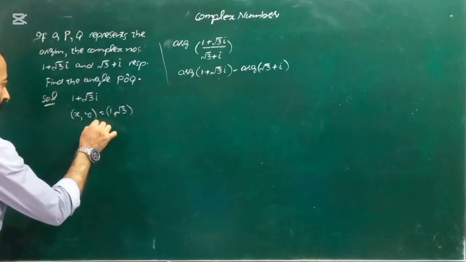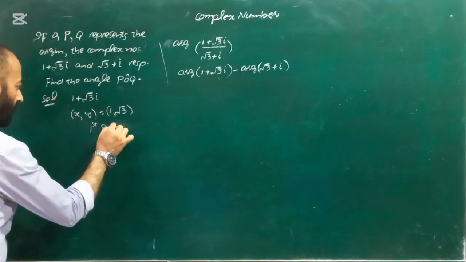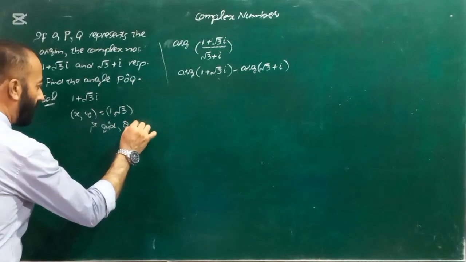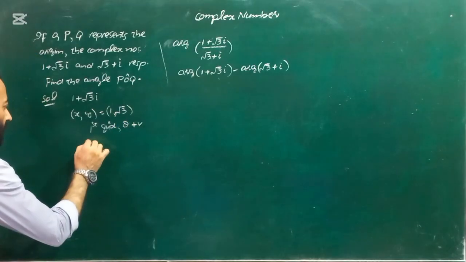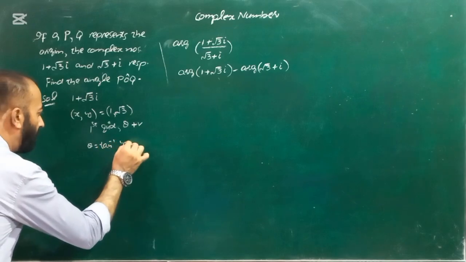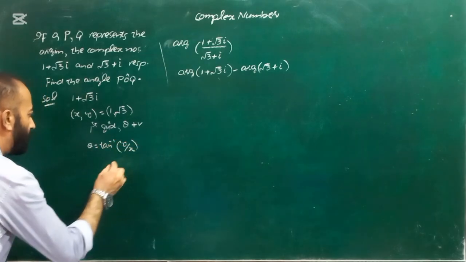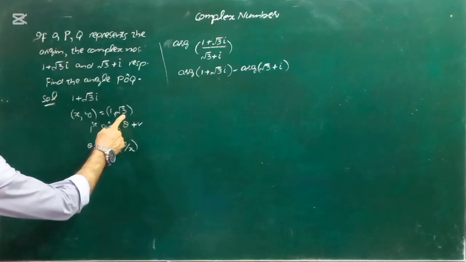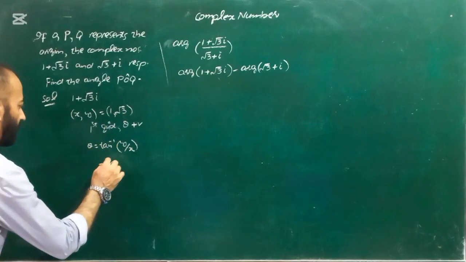So first quadrant. So theta positive, and theta will be tan inverse y by x. So putting values into it, y is square root 3, x is 1.